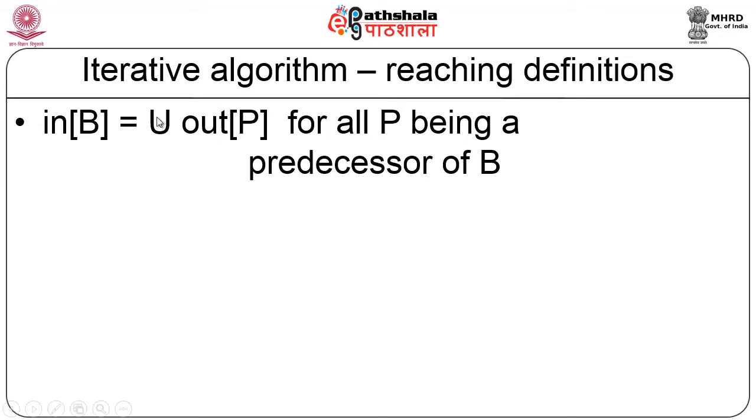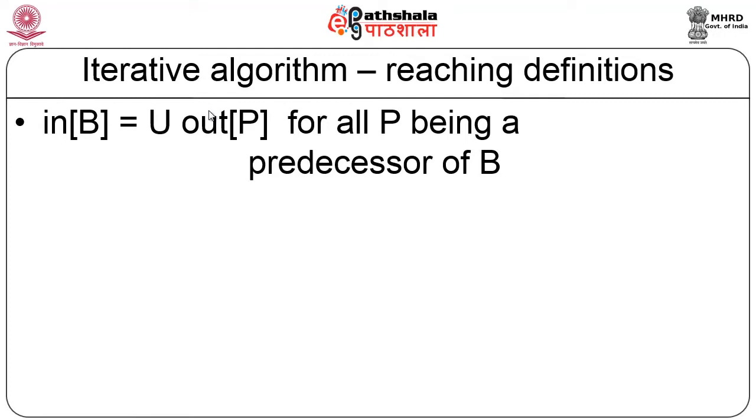Now, your assumption is in of a particular block is computed as the union of the out of all its predecessor blocks. Something will come in, for example, block B1 is there, block B2 is there, B1 will have an input to B2 definitely.